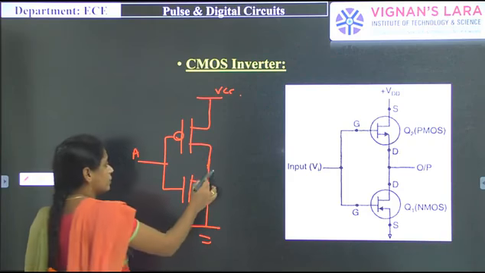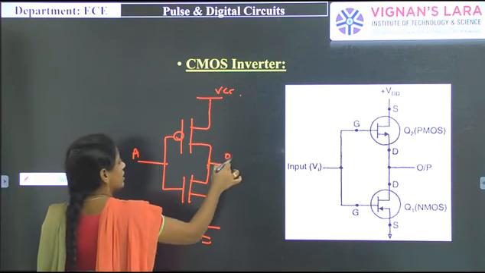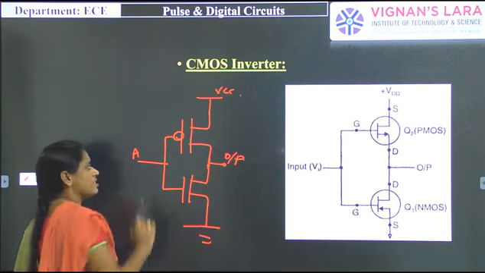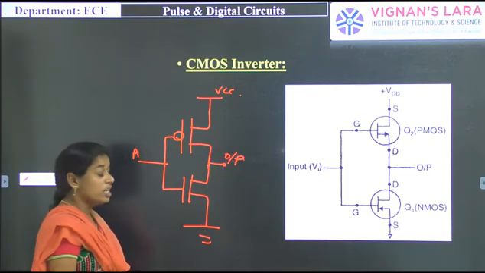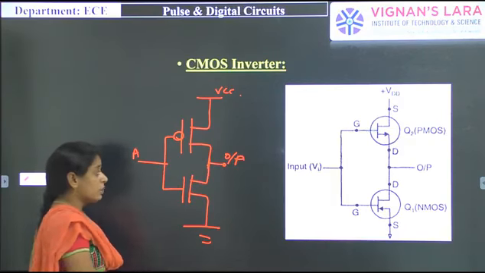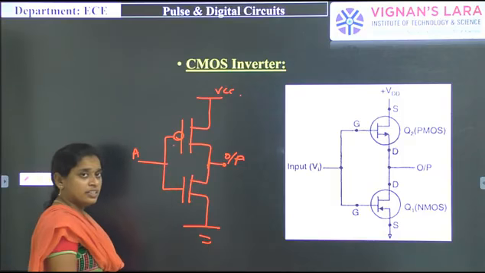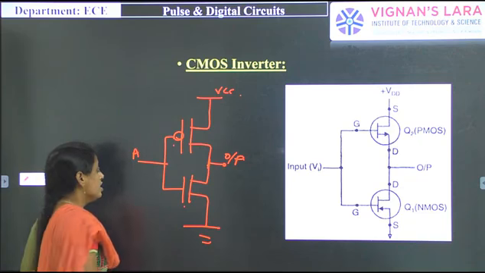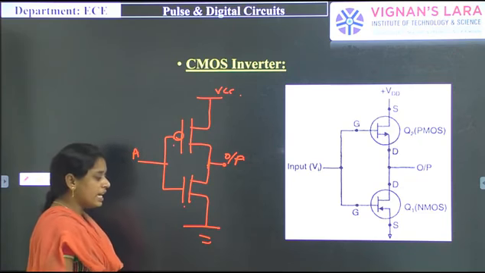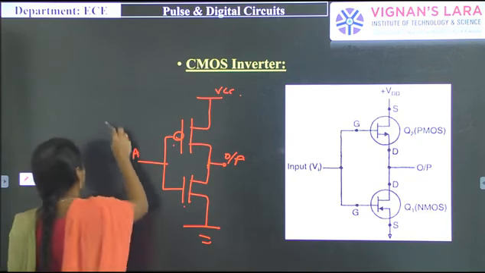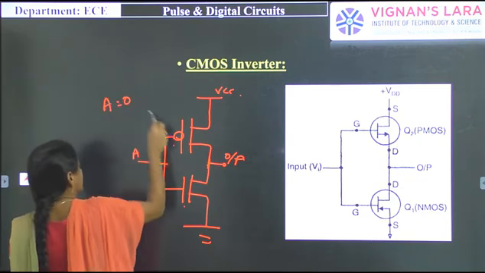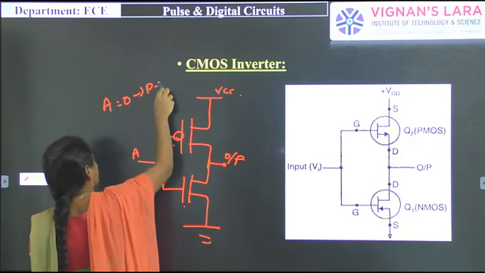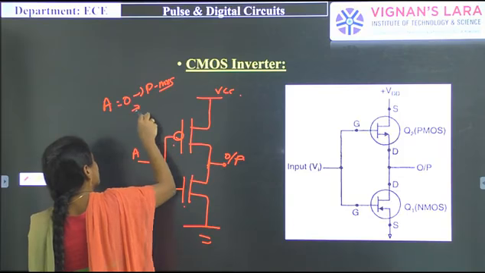The output is taken here. Sorry, when the 0 input is given, the P channel transistor is in on condition and the N channel goes to off condition. So PMOS is on and NMOS is off.